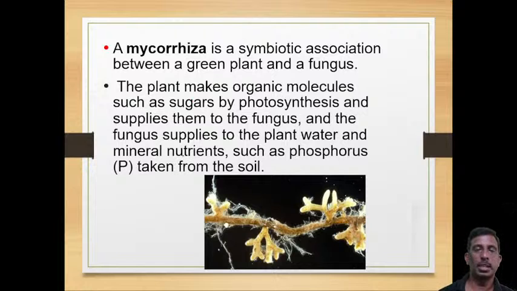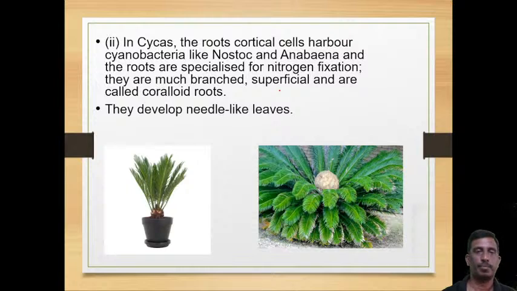Mycorrhizae means the roots are associated with the hyphae of fungi, where the fungi absorb nutrients and water from the soil, showing a symbiotic association. Both are benefited, plant as well as fungus. The plant gives nutrients to the fungi, whereas fungi absorb water and minerals and give them to the plant.